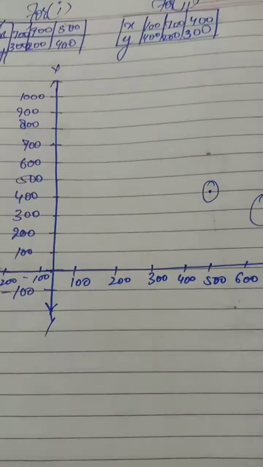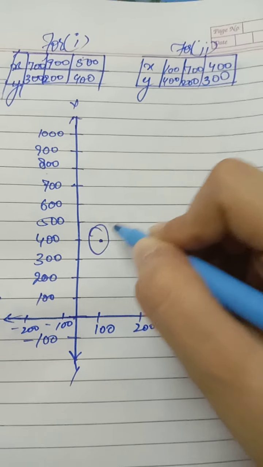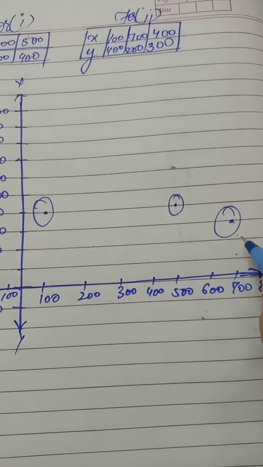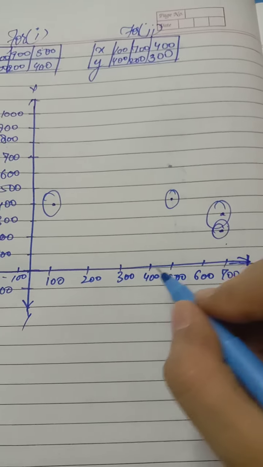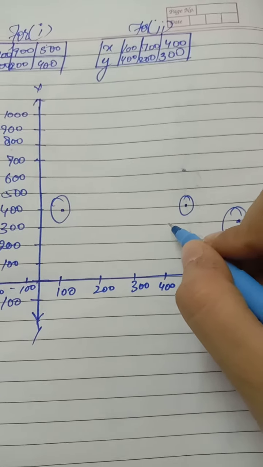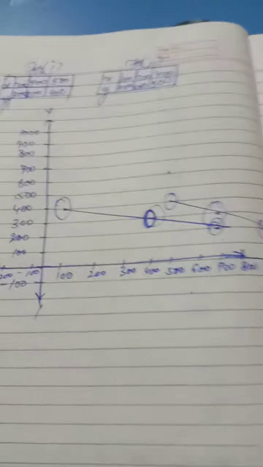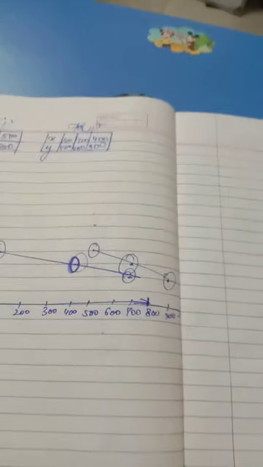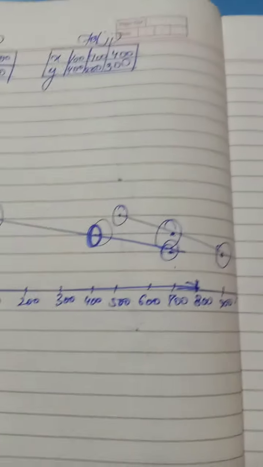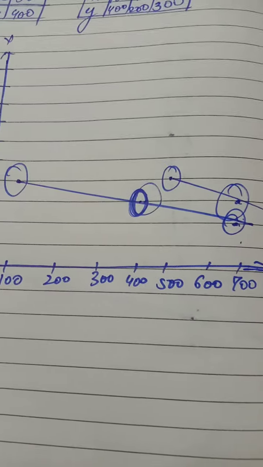Okay, next we have 100 and 400, 700 and 200, 400 and 300. Let us make it. So these are our lines. We'll get an intersecting pair of lines. You try it with a scale, and on a graph you will get an intersecting pair of lines.